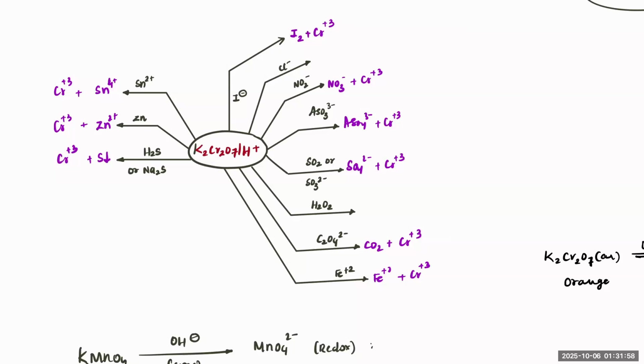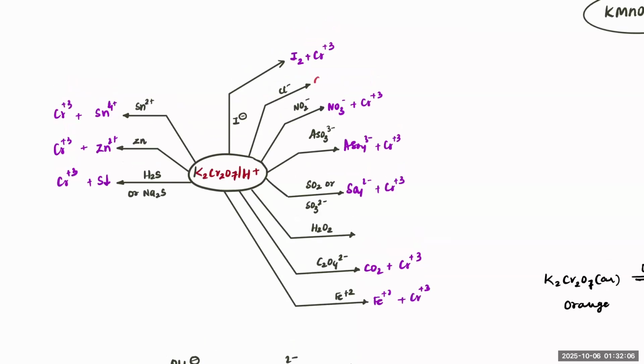Where the difference comes is, obviously it cannot oxidize Cl minus, but what you would notice is it will form a non-redox compound, which is CrO2Cl2. This is red color vapors, known as chromyl chloride.